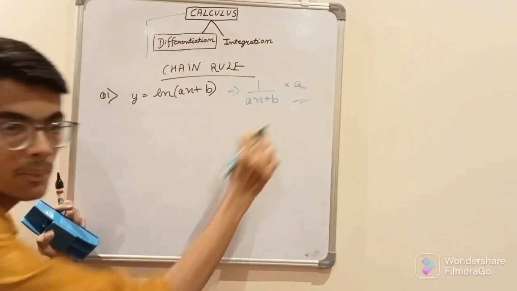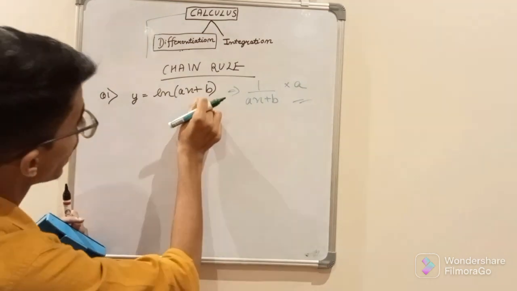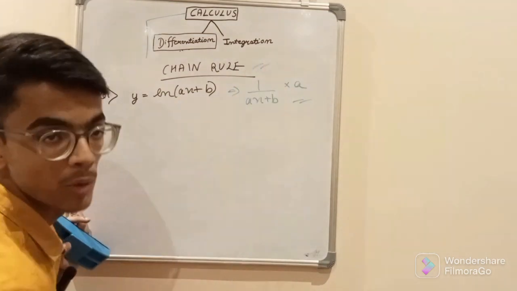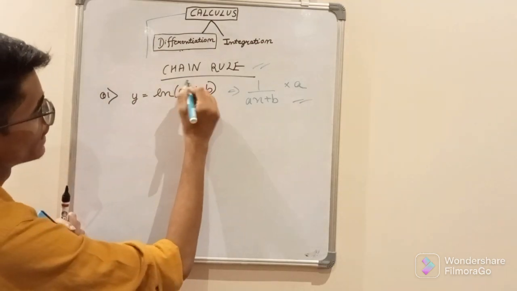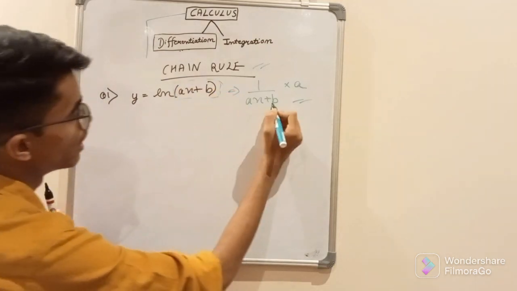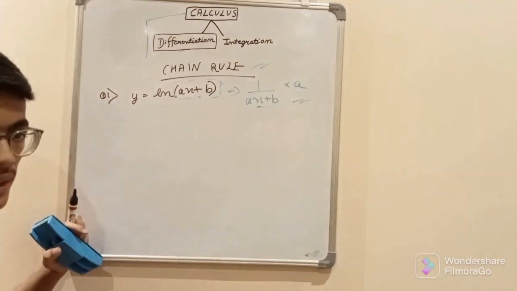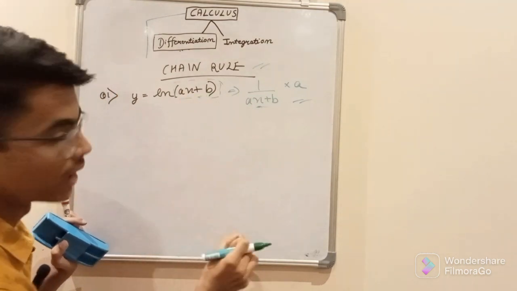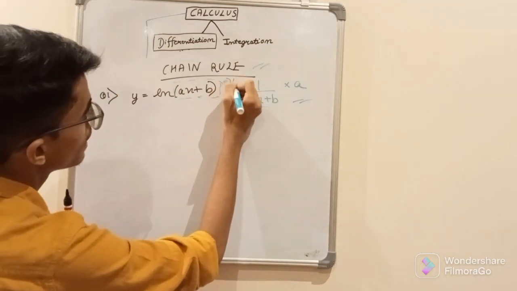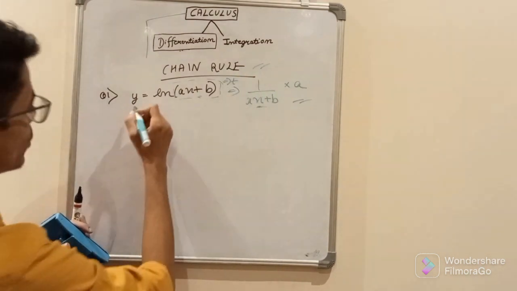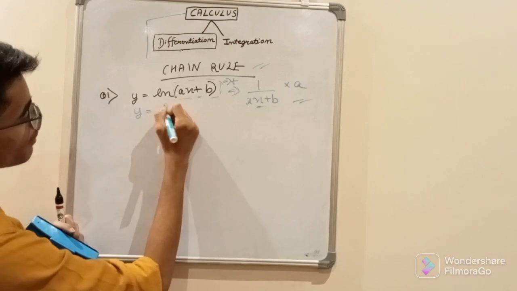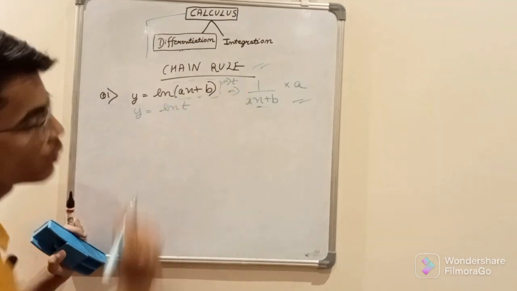This is the formula based answer. But now we have to prove this by the help of chain rule. So this entire term over here, we have to assume it as t this time, not x. So now the equation is y is equal to ln t.